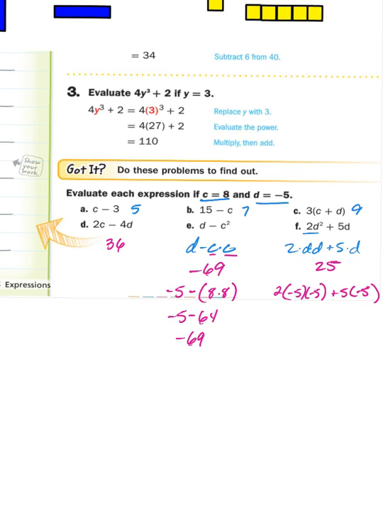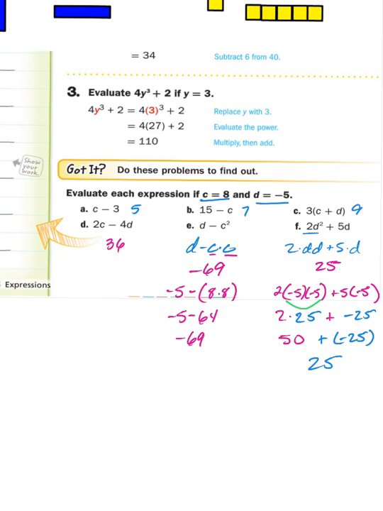Well, -5 times -5 is 25, and 2 times 25 is 50, plus 5 times -5 is -25. So 50 plus -25 is going to be 25.